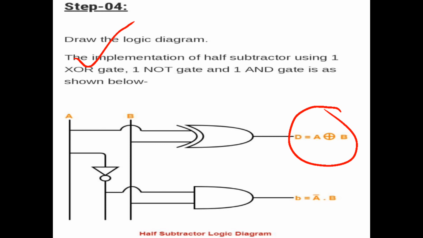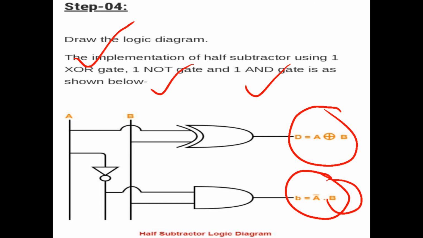And for borrow, that is for the expression A bar dot B, we can use one NOT gate which performs A bar, and then this A bar is ANDed with the second input, that is B. So for that A bar dot B operation, we require an AND gate.